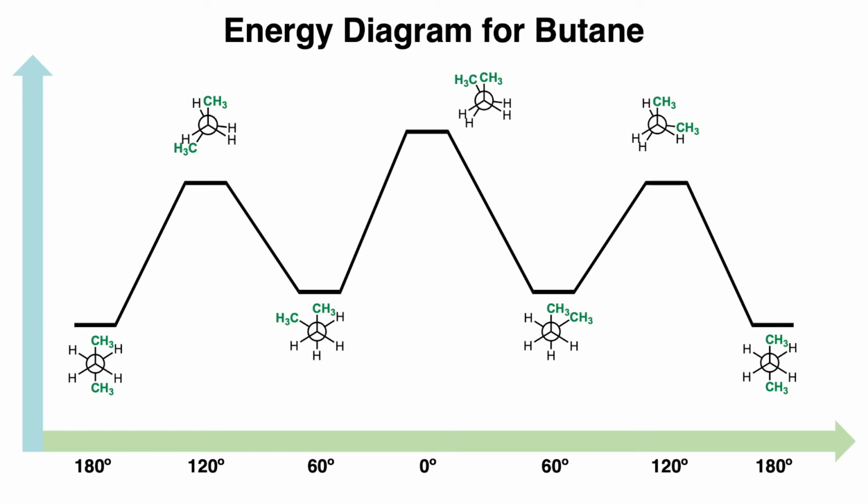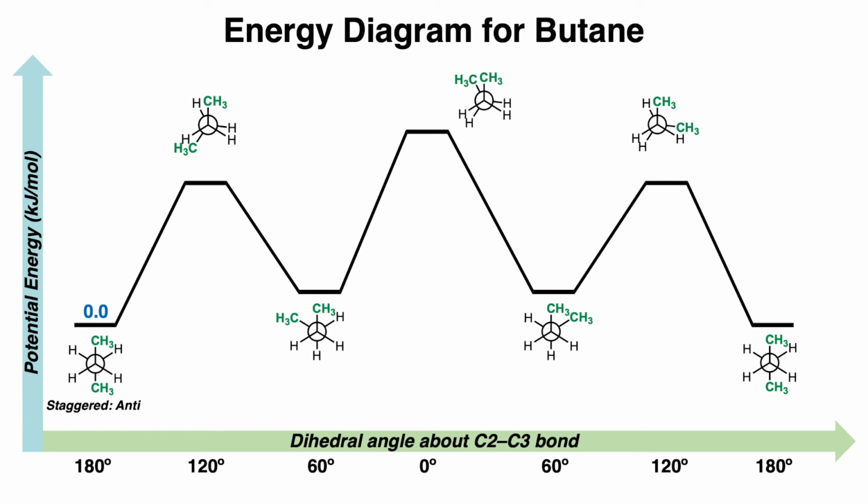And we can plot these values on an energy diagram where the x-axis is the dihedral angle about the C2-C3 bond that we wanted to investigate, and the y-axis shows potential energy in kilojoules per mole. And you can see how the green methyl groups interact with one another throughout each step of the rotation. Starting on the bottom left, we have our most stable staggered anti-conformation.